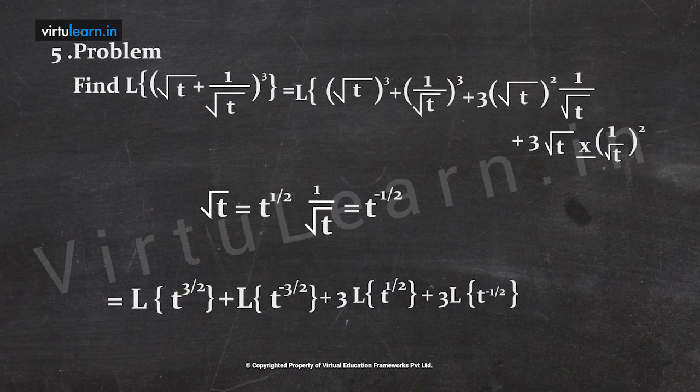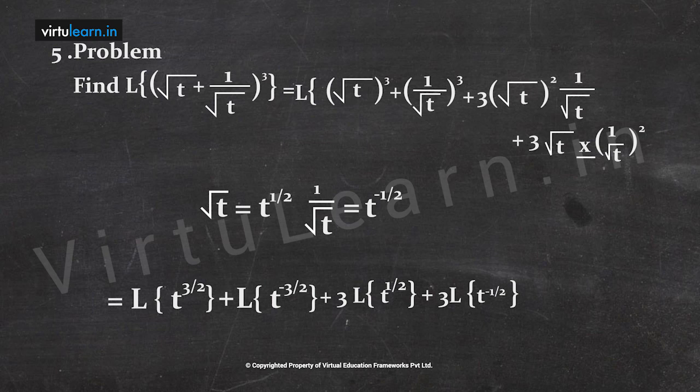Again in the same way, (√t)² is t, and t times t^(-1/2), on simplification, gives t^(1/2), plus 3 into the Laplace transform of t^(-1/2).